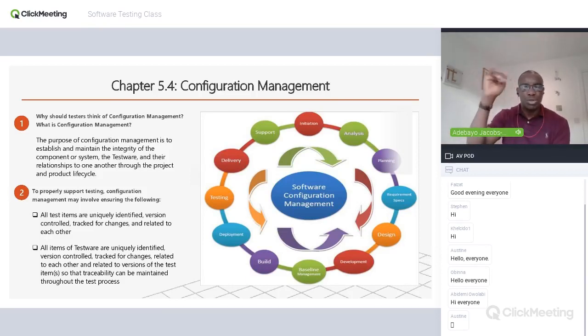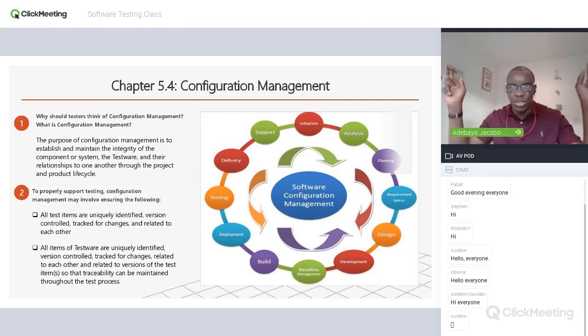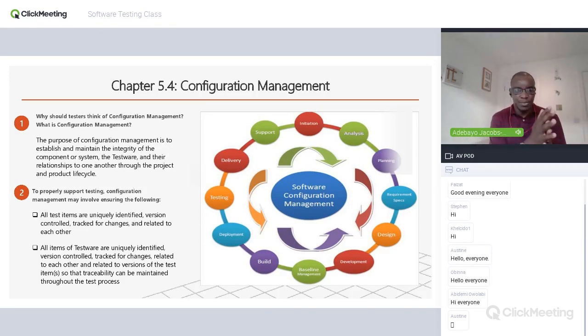They are built in modules. Now, you might have to change settings, or configuration as it is called. Now, this affects how you test. Okay, you need to be able to maintain the integrity of the component or the system you are testing at all times, relative to any changes being made or where it is in the project lifecycle.